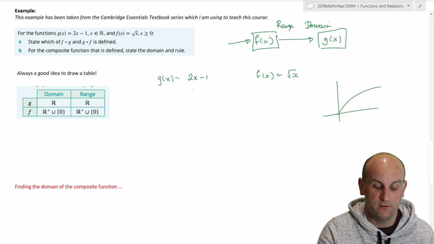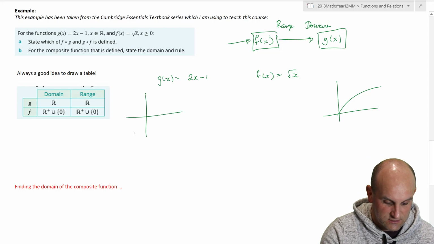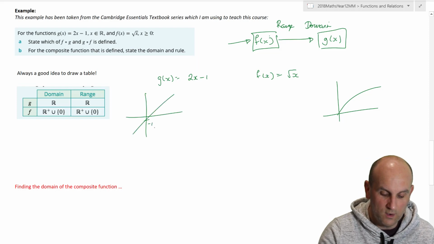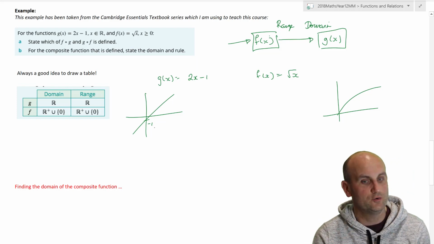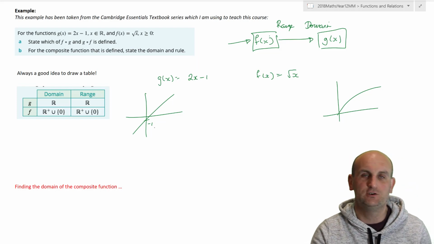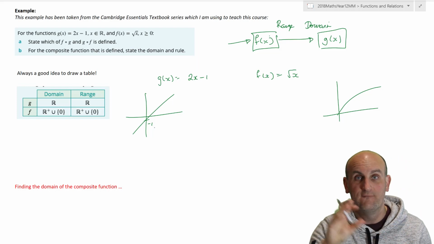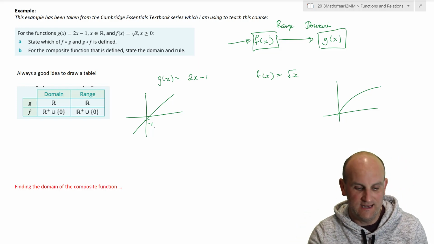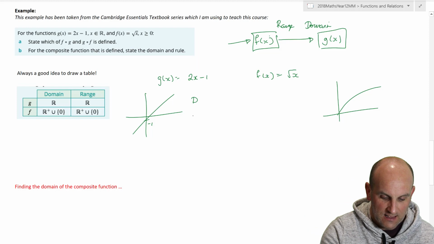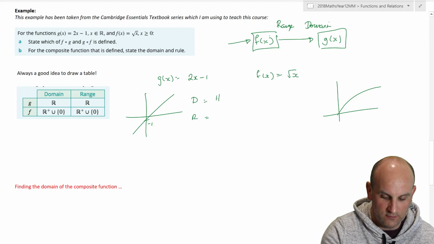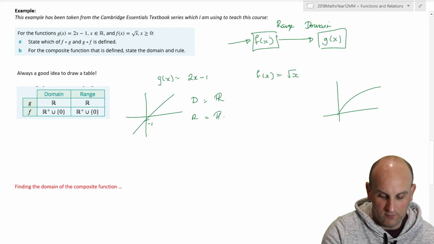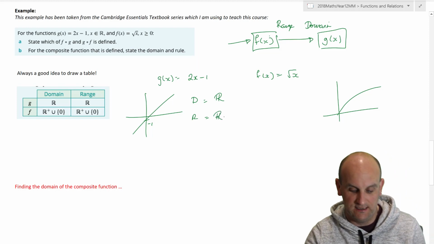And this is 2x minus 1, which is effectively just a straight line that goes through minus 1. Now my brain's thinking about domains and ranges. That's the whole trick here, because we need to make sure that the range of one function fits into the domain of the other. I need to find the domain and the range of each of these functions. So the domain of that would be all real, and in fact the range of that would be all real, which is great. Straight lines will do exactly that for me.